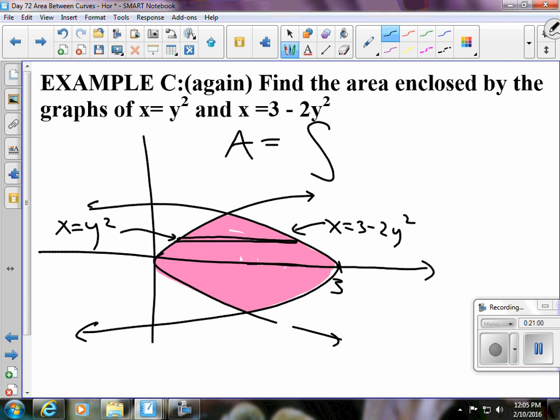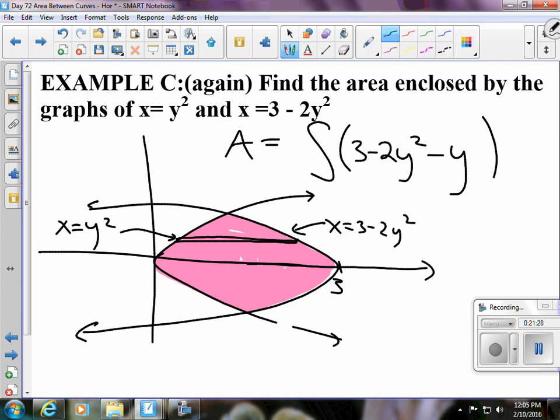For any strip, what is the X coordinate on the right equal? Okay, so X right is 3 minus 2y squared. See it? Minus X left. Oh, minus y squared. Oh, that's not bad.